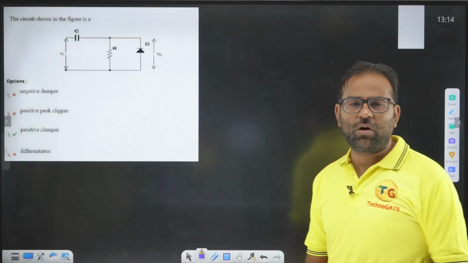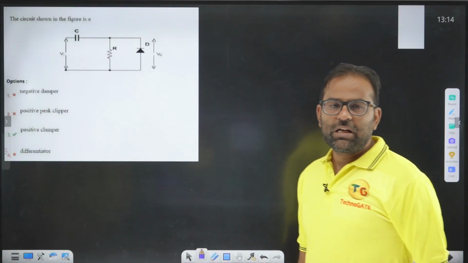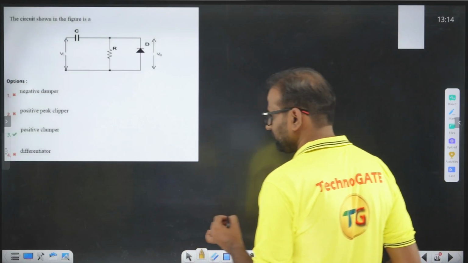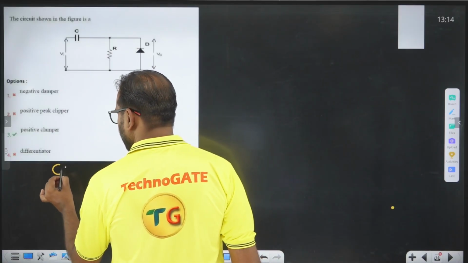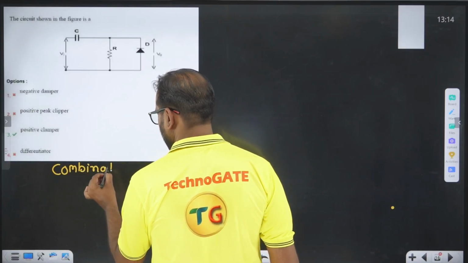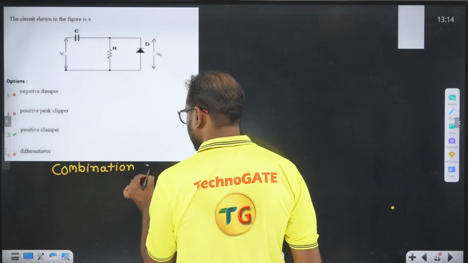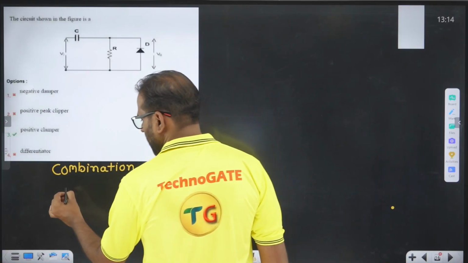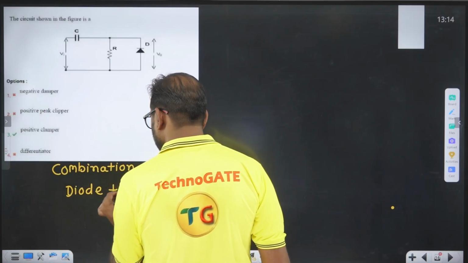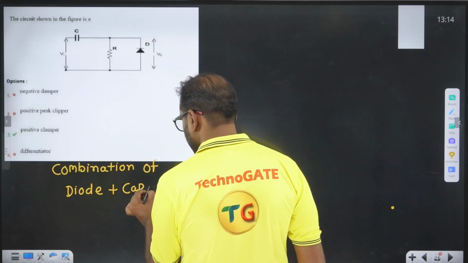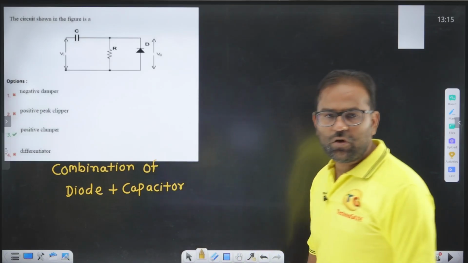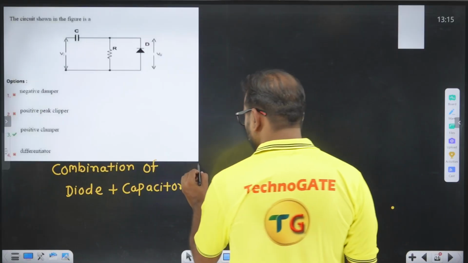Whenever you have a combination of capacitor and diode, this forms two types of circuits. Always remember, let me write the note. The combination of diode and capacitor forms two circuits, and what are those two circuits?